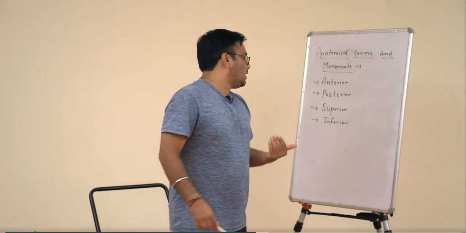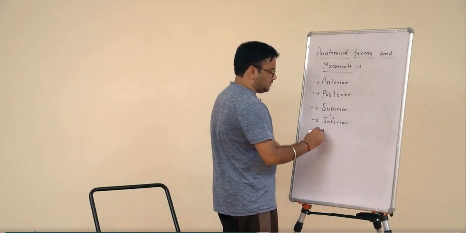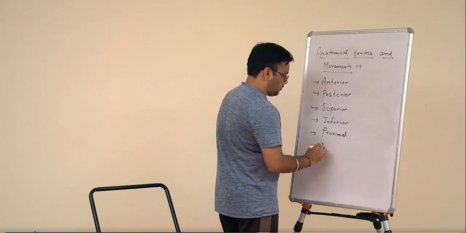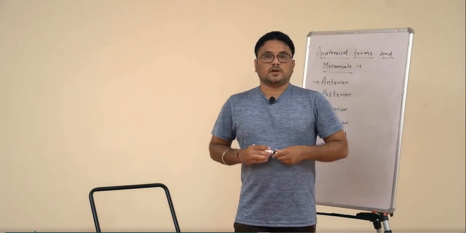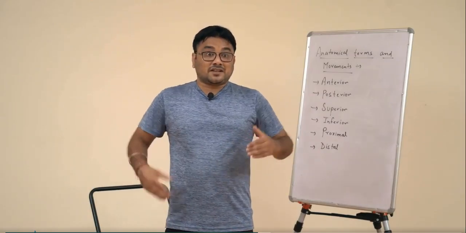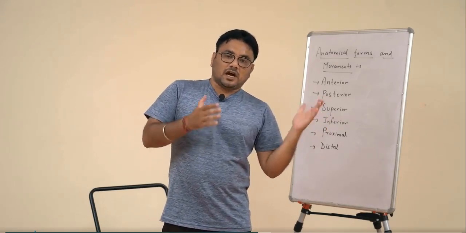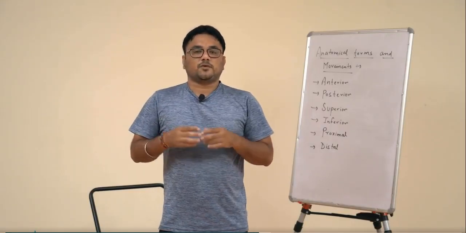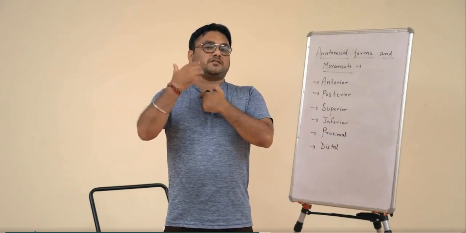The next words are proximal and distal. This is in relation to the trunk. The structure that is close to the trunk is proximal, and the structure that is away from the trunk is distal. Suppose there is a bone which we call the collar bone, and the trunk is here in the middle.